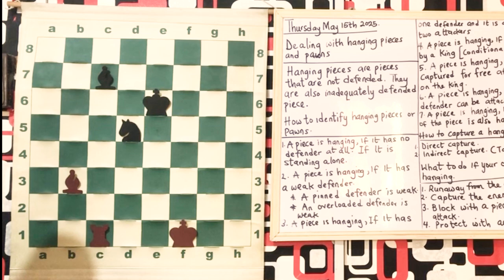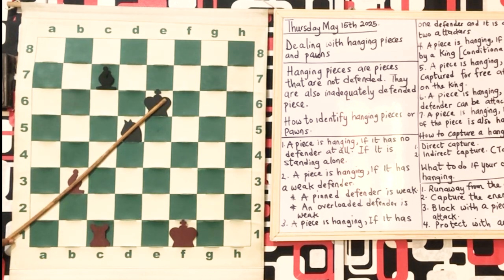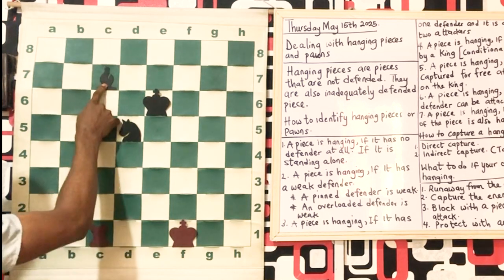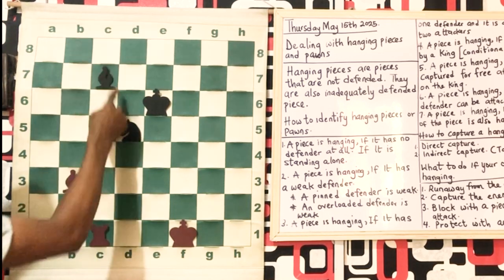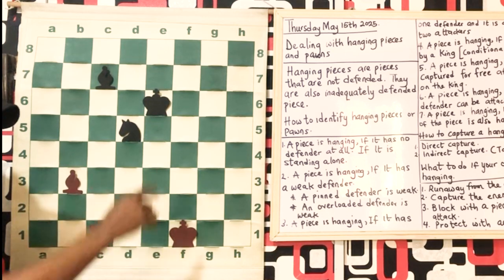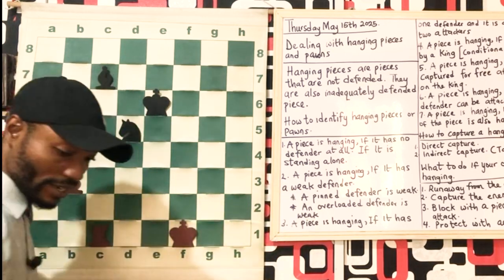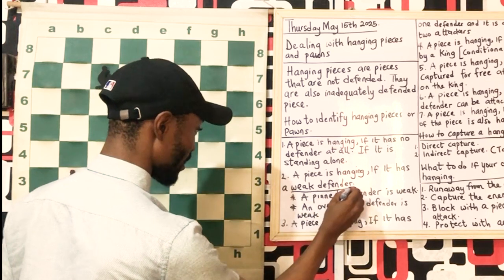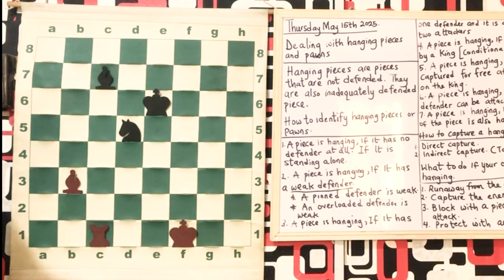You're not scared of any activity here because this bishop at the moment controls along the light squares, so it pins the knight to the king. Therefore, it is possible for white to play and capture the bishop, because this knight now is pinned to the king and is now a weak defender. So the knight becomes a weak defender to the bishop.